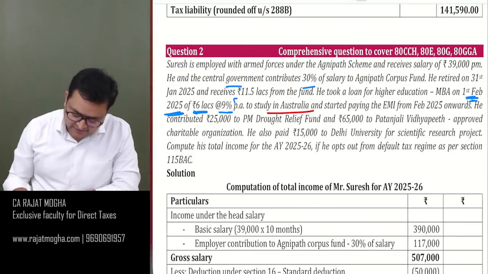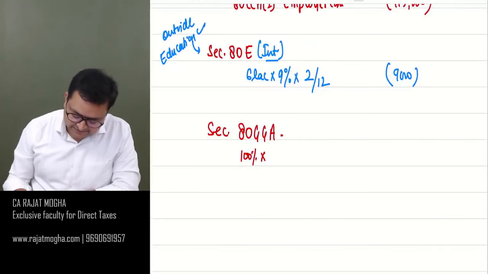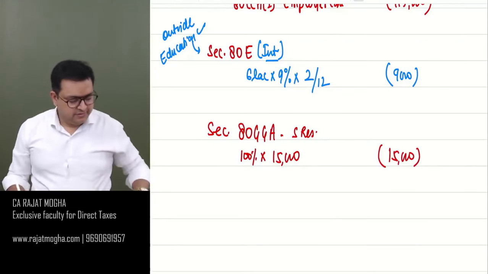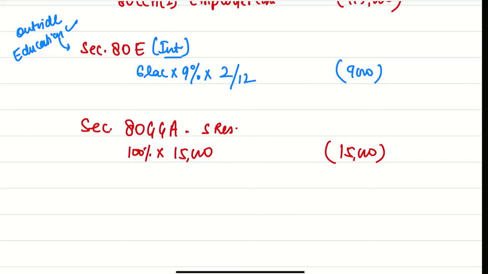So he has donated 15,000 for scientific research, and the 15,000 deduction he will get. Everybody is okay with this? Correct?